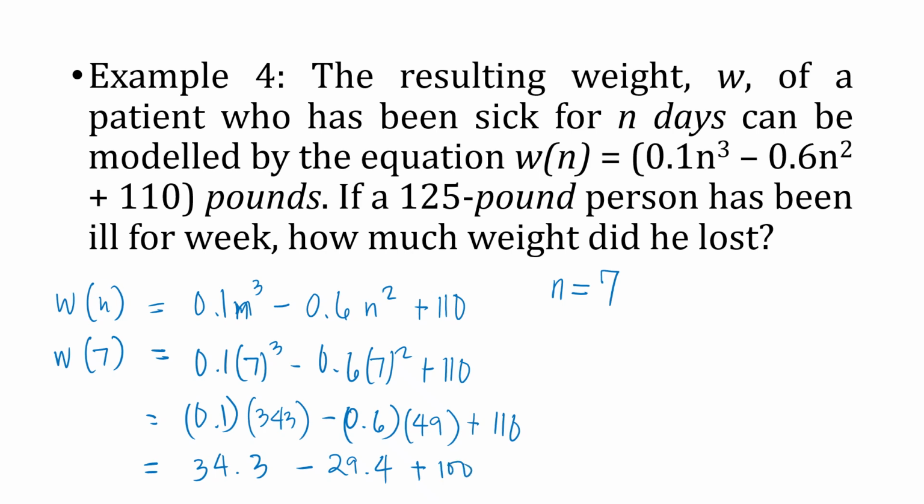So therefore, if we simplify this, 34.3 minus 29.4 plus 110, the result is W of 7 is equal to 114.9 pounds.